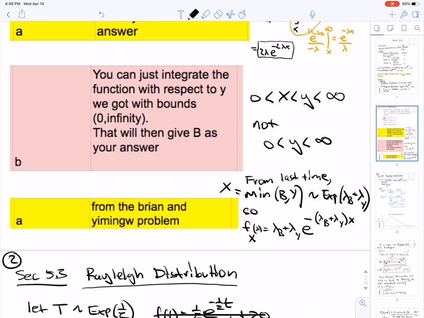So then the density of X would be (lambda b plus lambda y) e to the minus (lambda b plus lambda y) x. For us, lambda b and lambda y are the same, so we get 2 lambda e to the minus 2 lambda x.